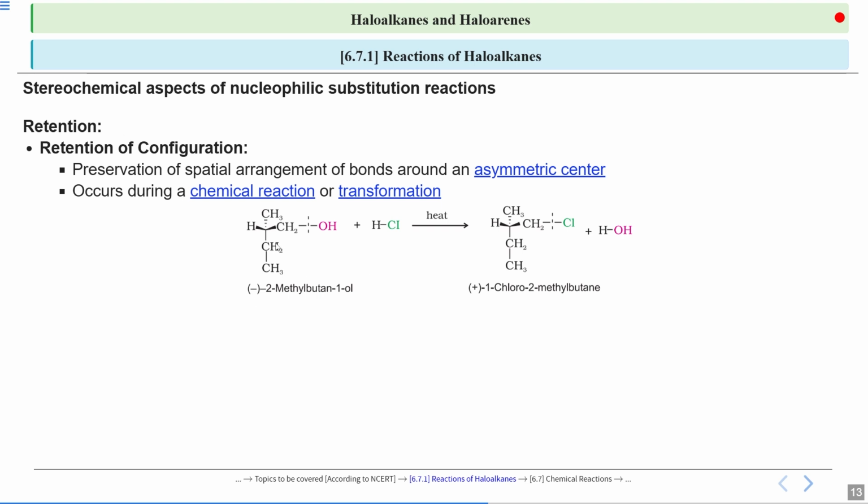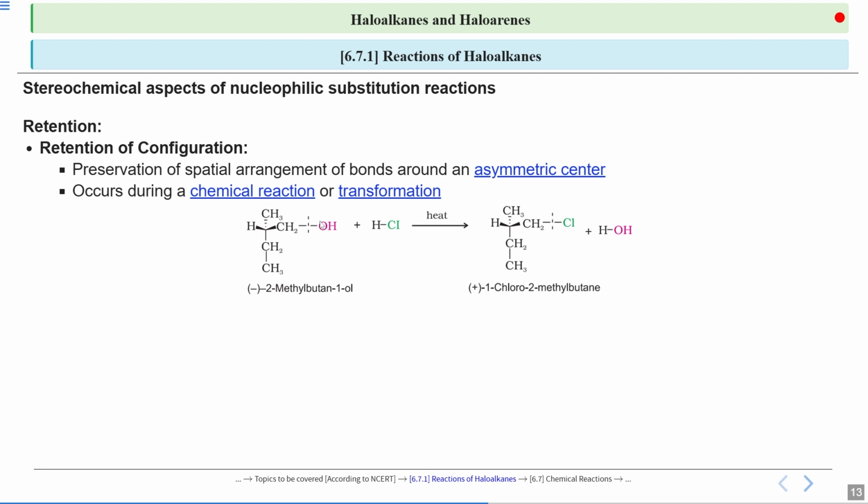See, this is negative 2-methylbutan-1-ol, that means levorotatory 2-methylbutan-1-ol. We have CH3, CH, CH2OH, CH2, CH3. We have this chain where at the second position we have a methyl.